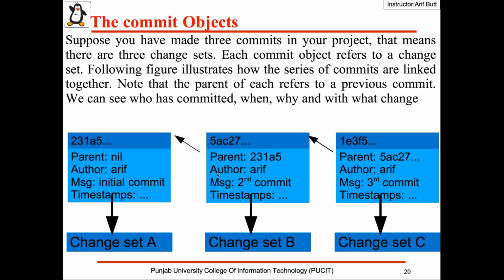You can note how the change set contains the cryptographic hash, the author, the message, the timestamps, and the pointer to the parent. And this is the second commit, which contains a pointer to the previous commit. So from these commit objects, you can find out who has committed, when, why, and with what changes.